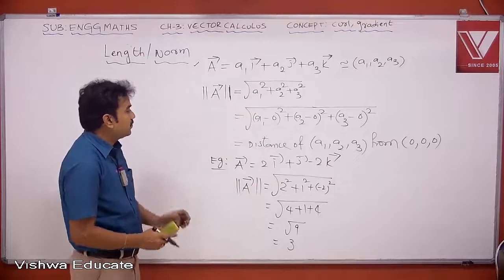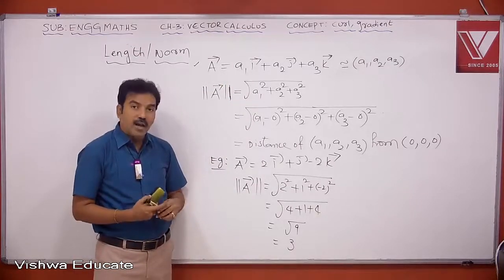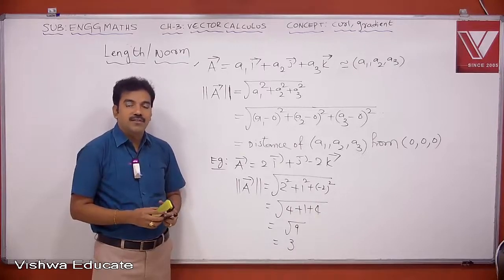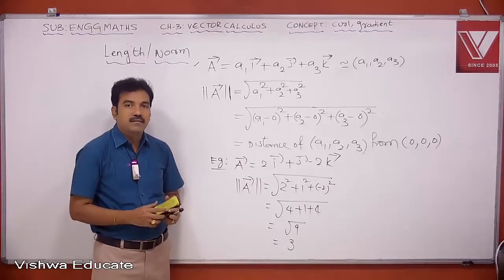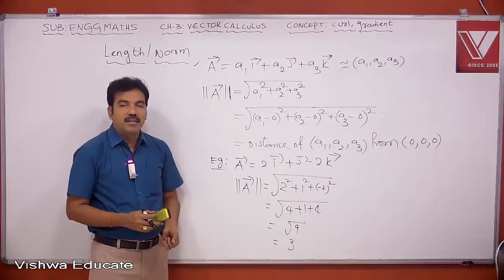Write this definition. Let a bar equal to a1 i bar plus a2 j bar plus a3 k bar be any vector.